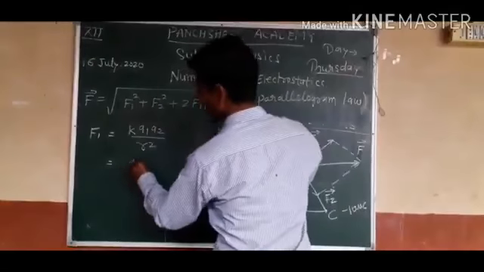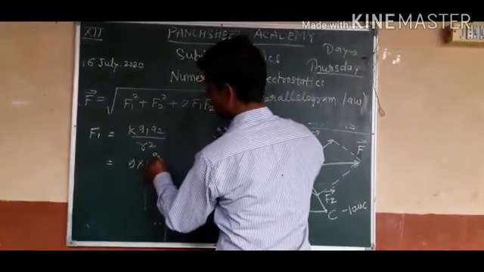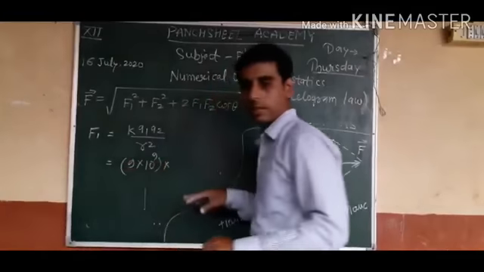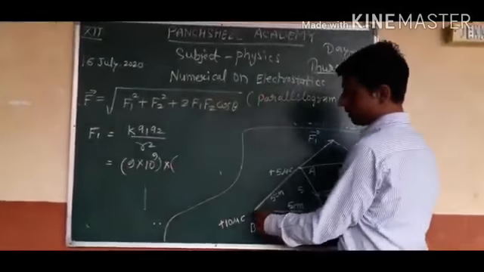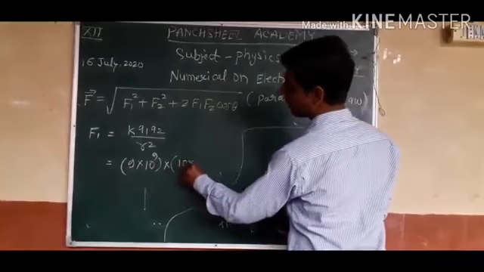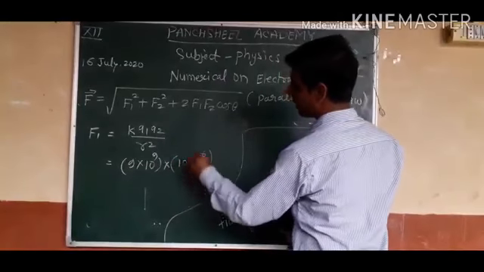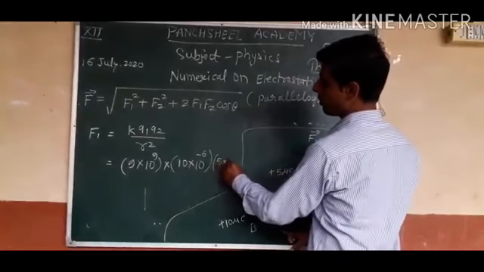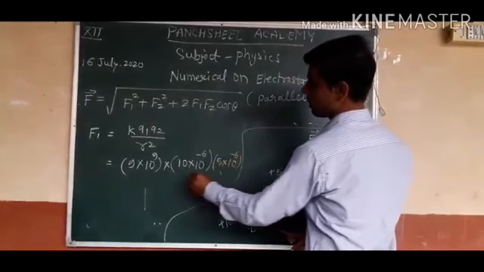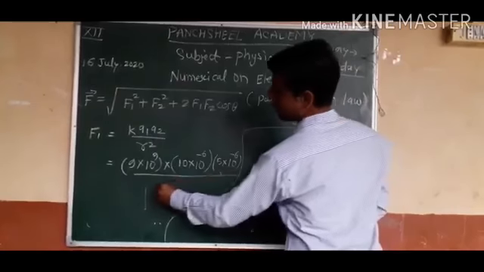Directly you put here 9 into 10 to the power 9, as I told earlier. And Q1 is 10 into 10 to the power minus 6, and Q2 is 5 into 10 to the power minus 6, upon r square.